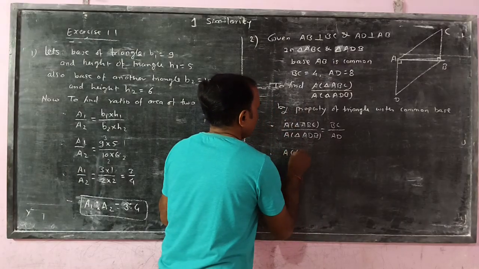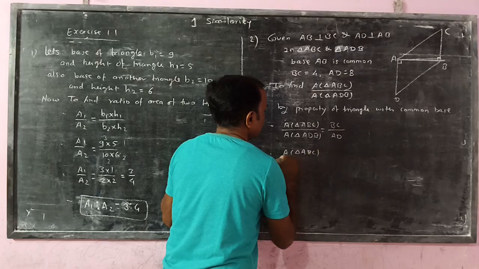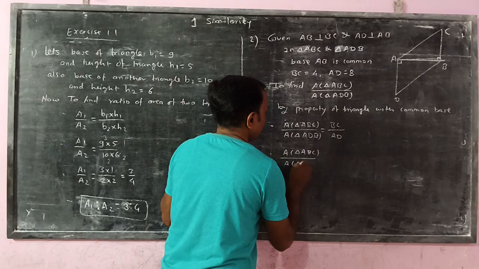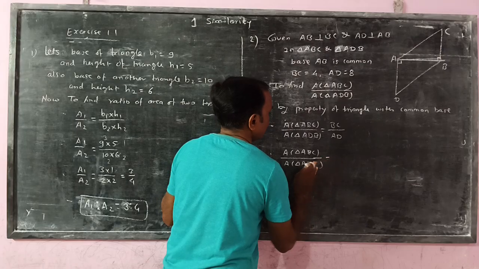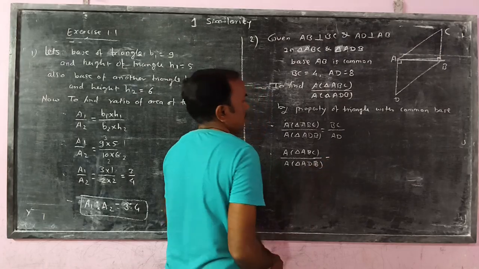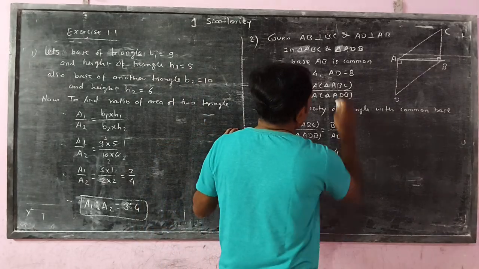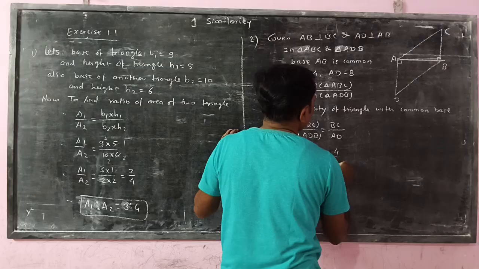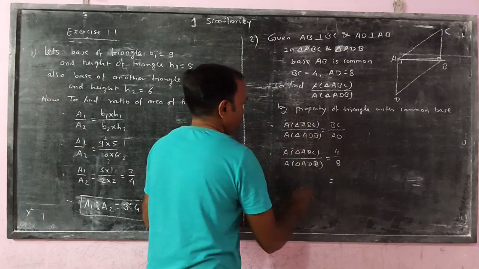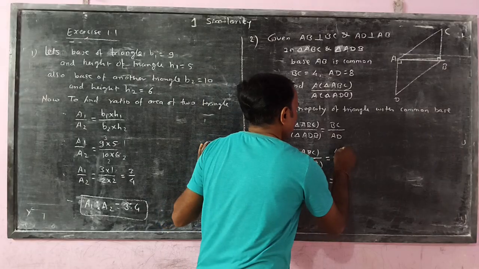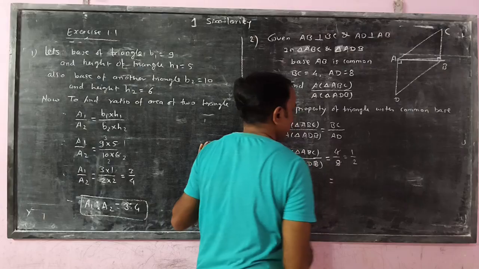Therefore, the ratio of the area of triangle ABC and the area of triangle ADB equals the value of BC, 4, and the value of AD, 8. 4 1s are 4, 4 2s are 8.